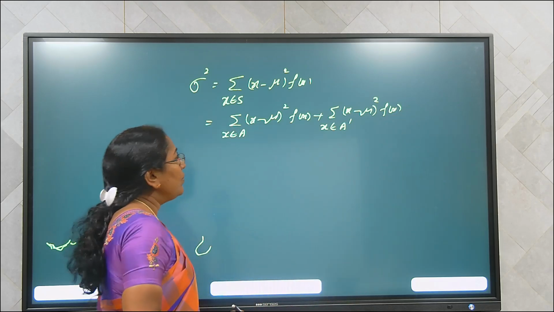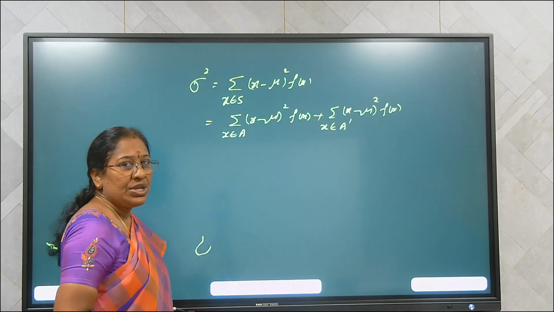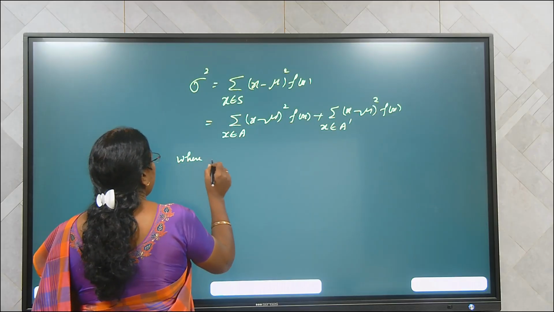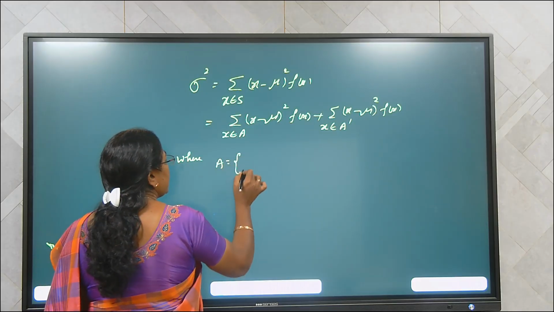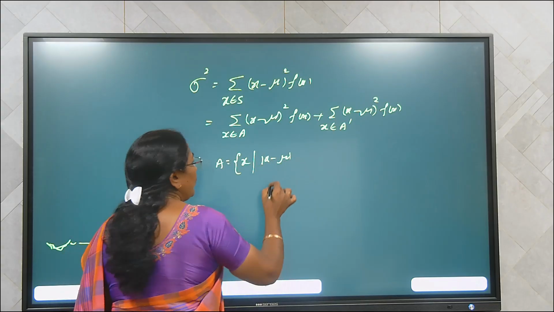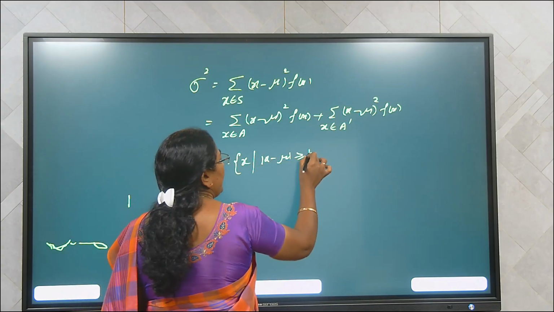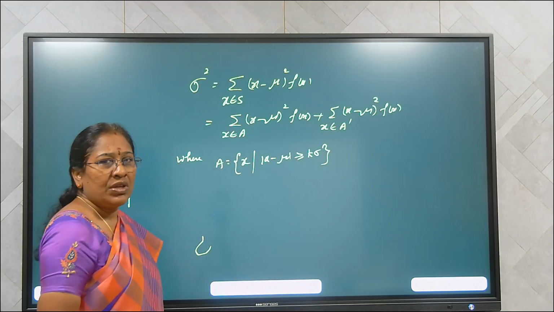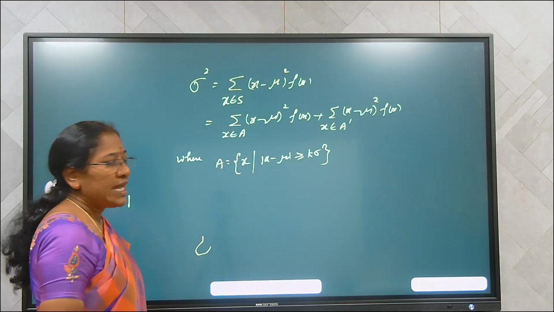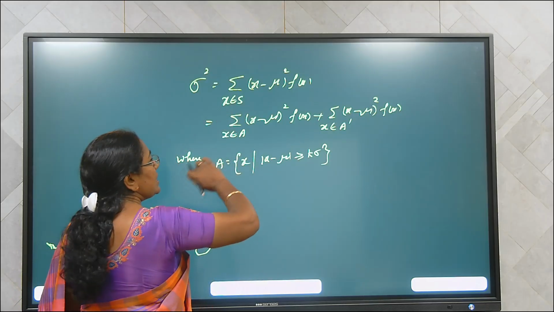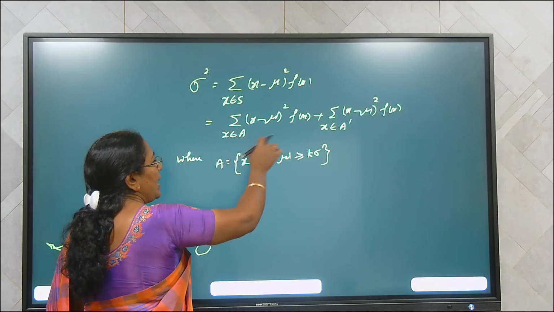So we have divided the summation into two parts. Here A is the set of all x such that modulus of x minus mu is greater than or equal to k sigma. We are defining A like this, so the whole space S is divided into A and A dash.